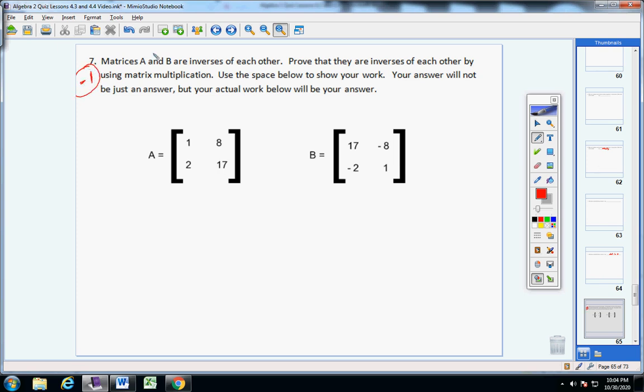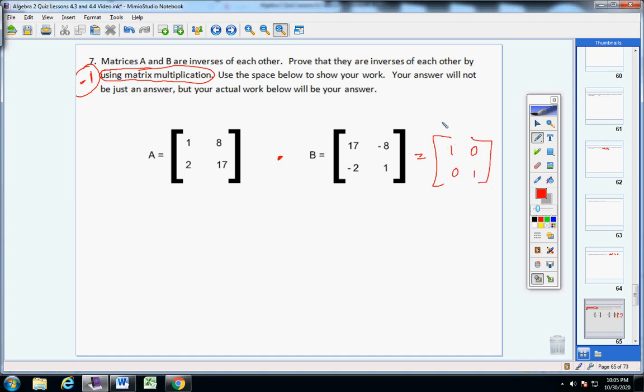But it says matrices and their inverses. Prove their inverses by using what? Sorry for yelling again. By using what? Matrix multiplication. In other words, I wanted you to multiply these two matrices together, and if they're truly inverses, you should get out the identity matrix.